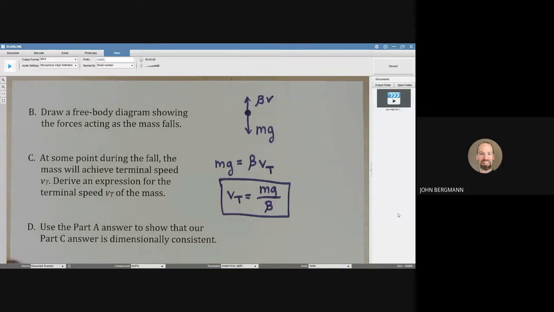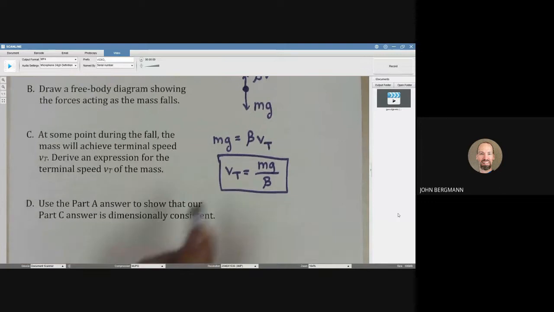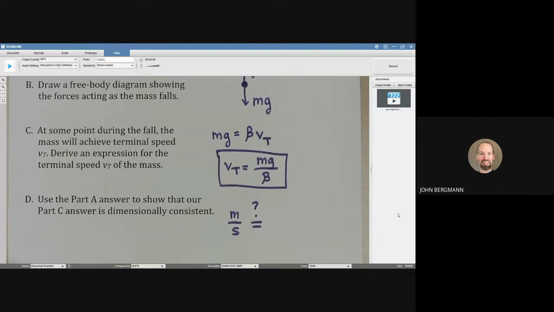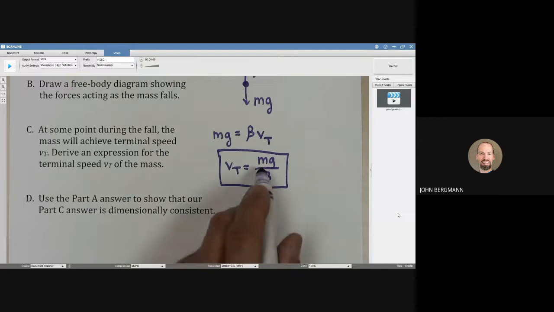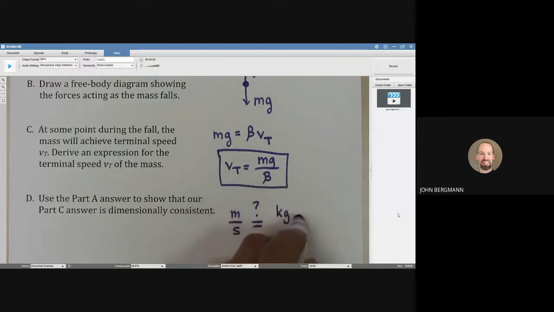Use the part A answer to show that our part C answer is dimensionally consistent. The speed, vt, is going to have the units meters per second. And the question is, do the units that we have on the right side match up with those? Mass is in kilograms. G, as we know, is in meters per second squared. Now, what did we decide about beta?